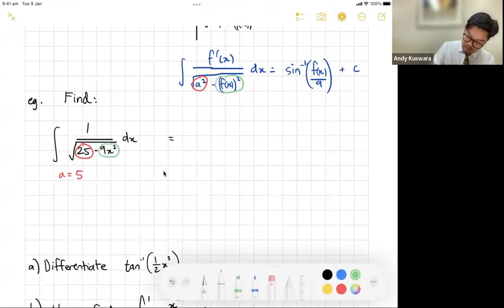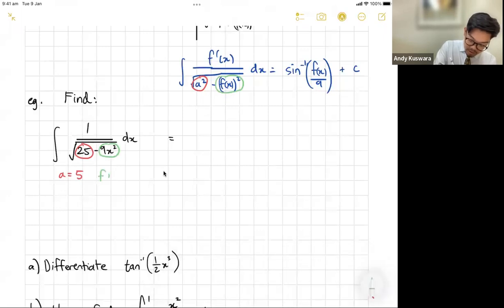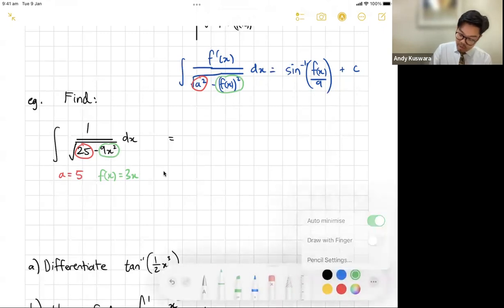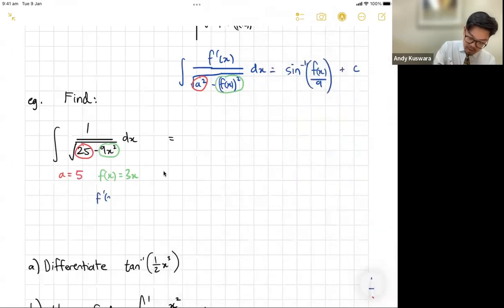So that means in this case, my f x should just be 3x, right? Because 3x times 3x will give me 9x squared. Okay, now let's also note, if that's my f x, well, I can see that my f dash x should now become 3.